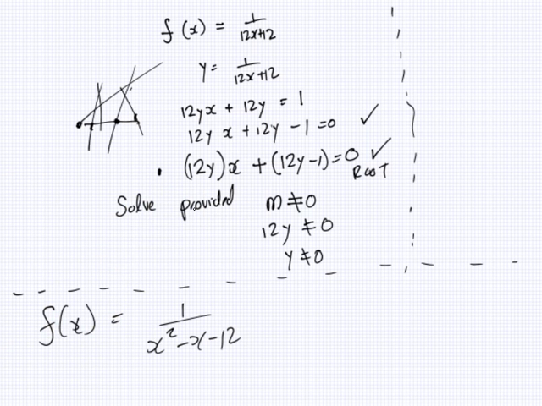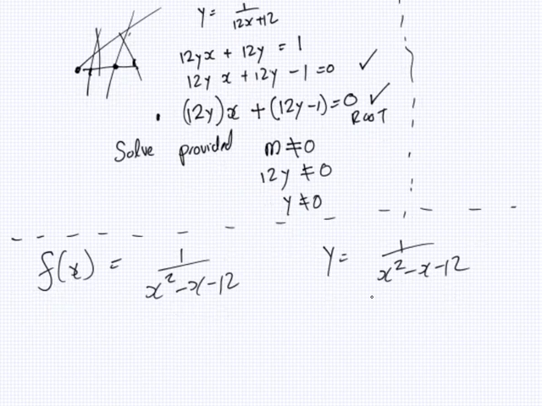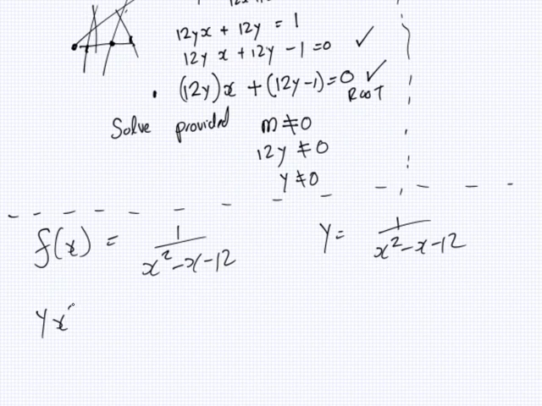Okay, what's my first step? Rewrite it as an equation equal to 0. So I get y equals 1 over x squared minus x minus 12. So I get yx squared minus yx minus 12y equals 1. So just take the 1 to the left and I get minus 1 equals 0.